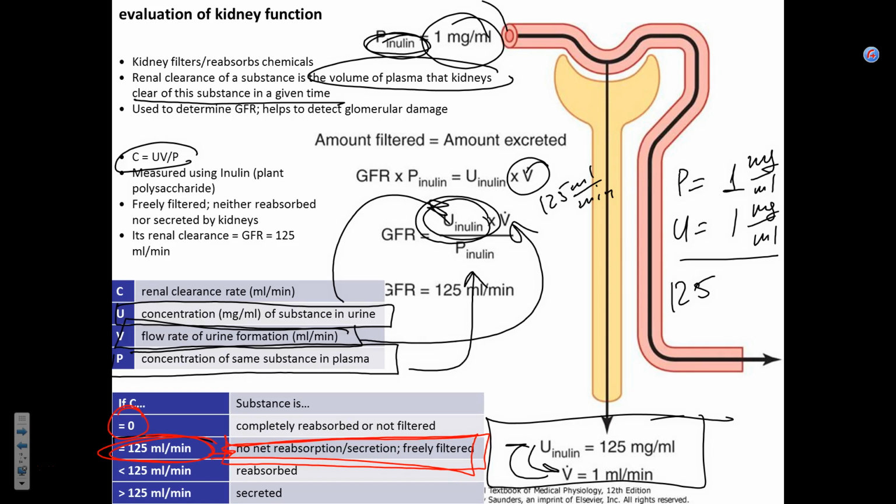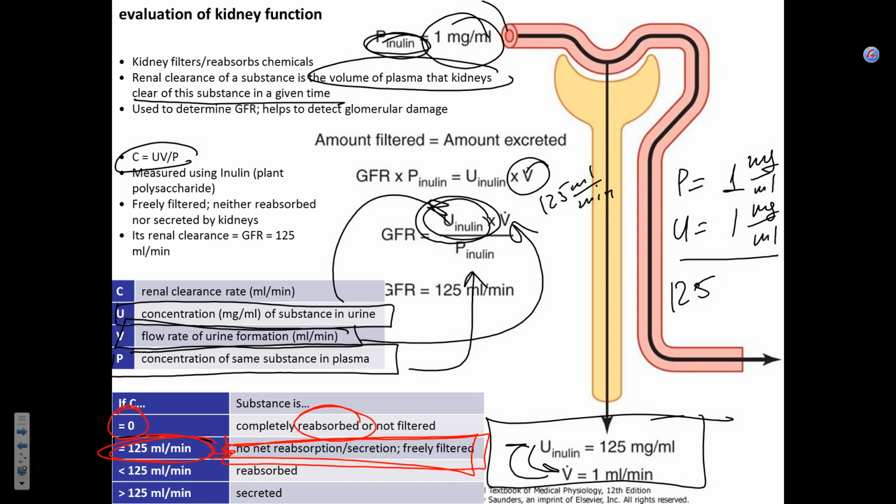If clearance is 0, no, plasma is not cleared of that compound. It means that the compound is completely reabsorbed. An example of a compound with a renal clearance of 0 is glucose. In a normal healthy kidney, glucose is completely reabsorbed. Does that make sense?